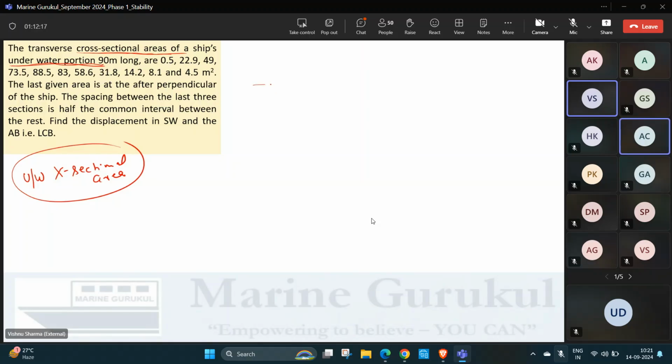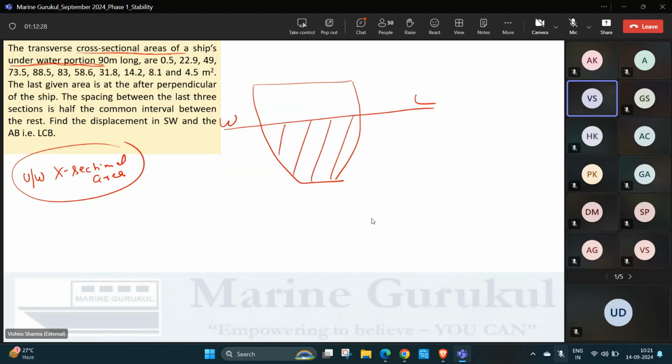In the previous question, we were talking of the full cross-sectional area, right? But if the ship is floating at this water line, in this question we are only talking of this area. Have you understood the difference of this question compared to the previous one? Is that clear, beta?